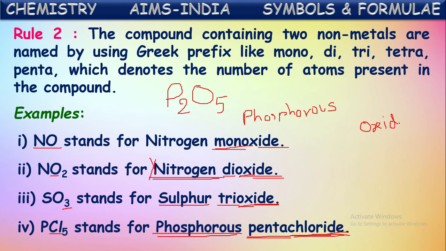So oxide. Now it is phosphorus oxide. At the same time, we have to mention the number of atoms of each element present in the molecule using Greek prefixes. Here in this molecule, two phosphorus atoms are there, so that is mentioned by attaching di. And there are five oxygen atoms, so we attach the prefix penta. Diphosphorus pentoxide it is.